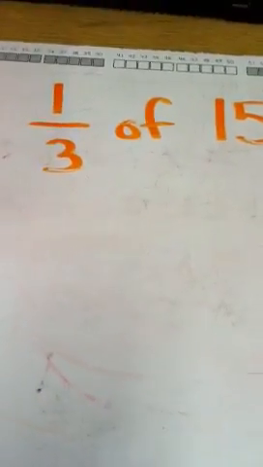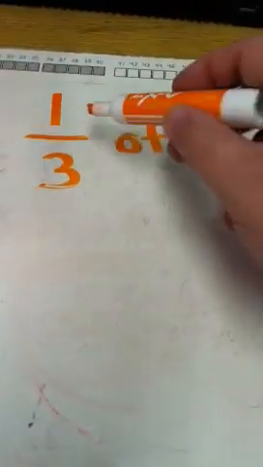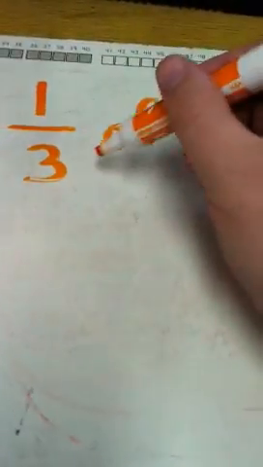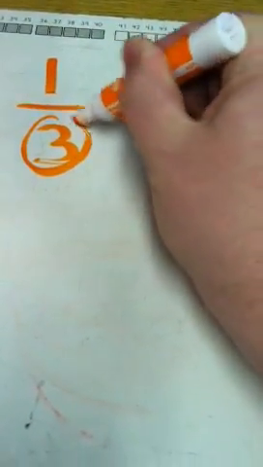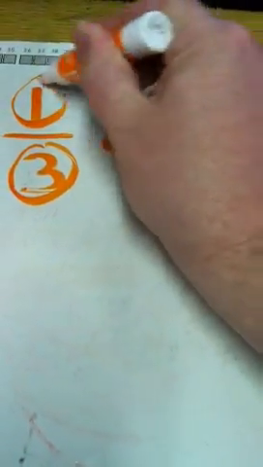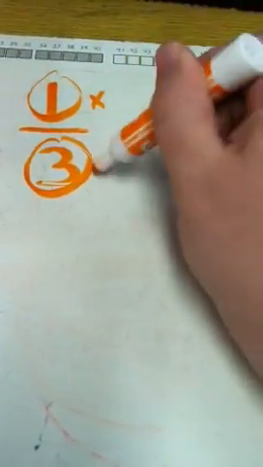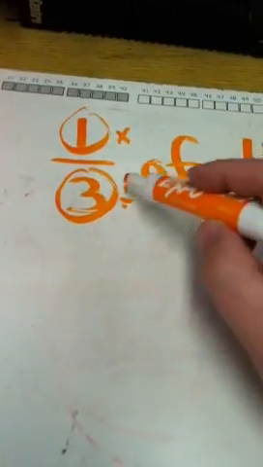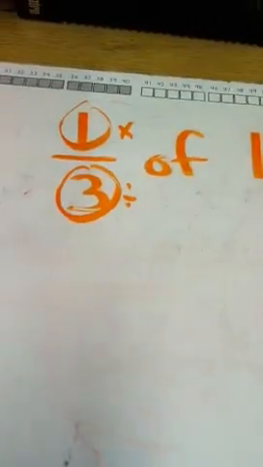Basically, what you want to think about is this. When you see a problem that says 1/3 of a whole number, you want to think of your denominator as division and your numerator as multiplication. You're going to divide first, then multiply.